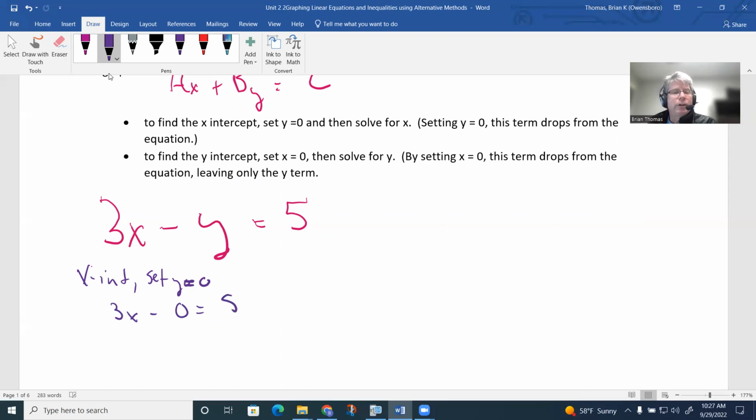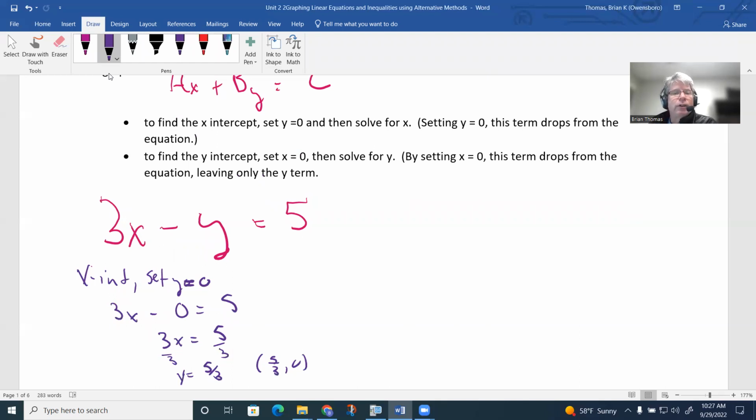So notice by putting 0 in for y, that term just drops out, and we're just left with the x term, 3x equals 5. So then if I just divide each side by 3, that gives us our x-intercept of 5/3. So 5/3 will be our x-intercept. As an ordered pair, that would be (5/3, 0). So sometimes we want an ordered pair, and sometimes we just want to say, hey, the x-intercept is 5/3.